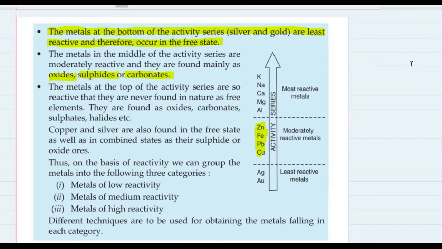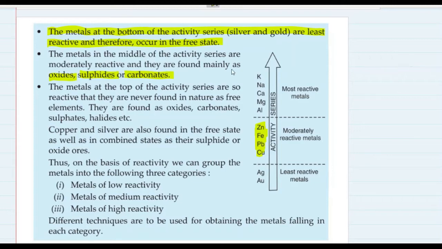But the issue is with the metals at the top of the reactivity series, and we want them in the pure form. Just imagine how reactive they are, and we just want to extract them into their pure form. How impossible the task will be, but we have to make it easy. So the metals at the top of the reactivity series are so reactive that they are never found in nature as free elements.